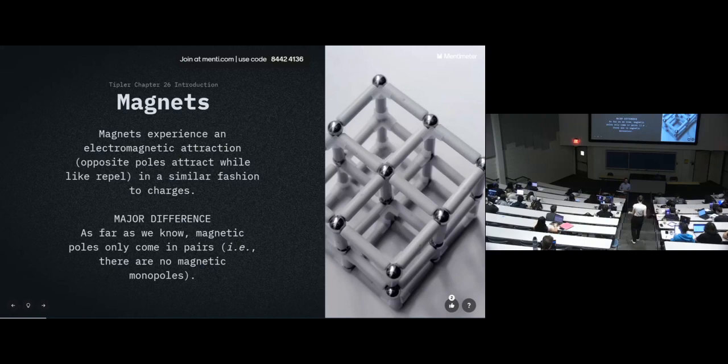We're going to talk about the magnetic force today on currents and on charges. If a particle is moving one direction and the magnetic field is going another direction, then the force that it experiences is in a third direction.